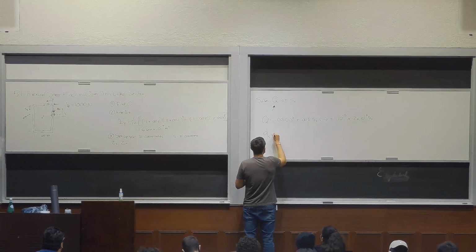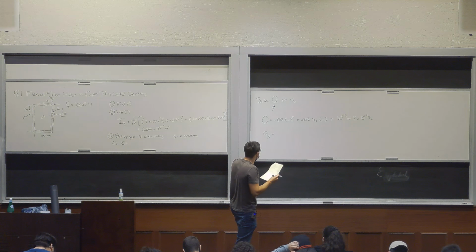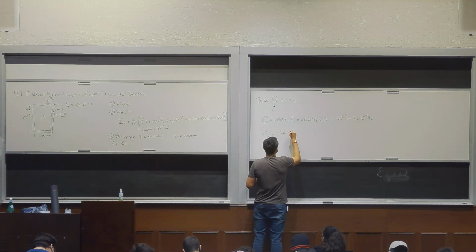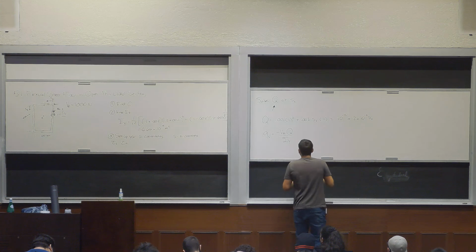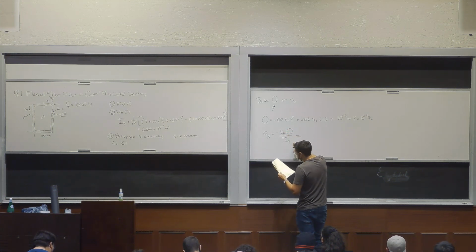Q S, the shear flow, we can get from the first moment of area. It's going to be negative VZ times Q over IY. We plug in the values for that. We're given this, we found that earlier.